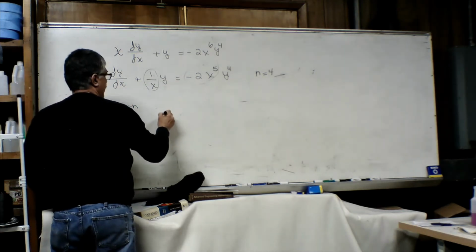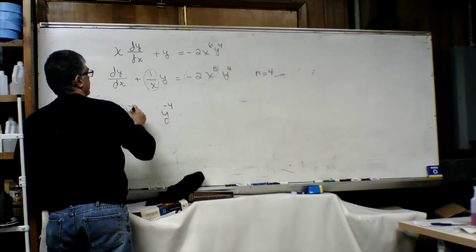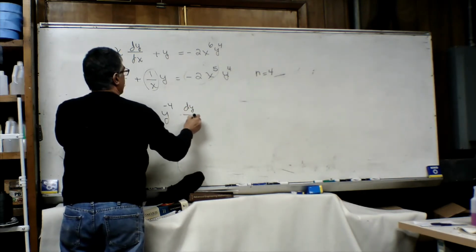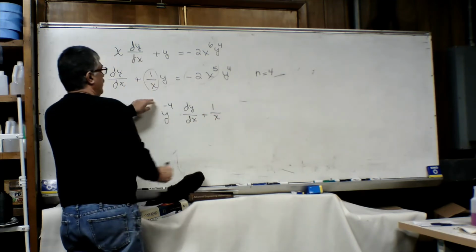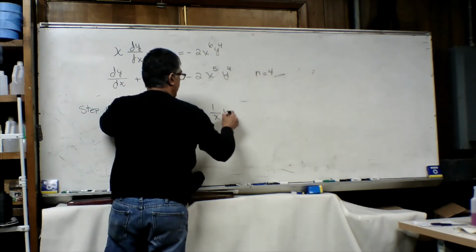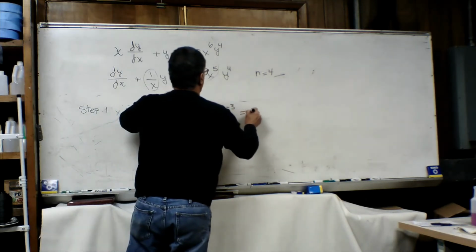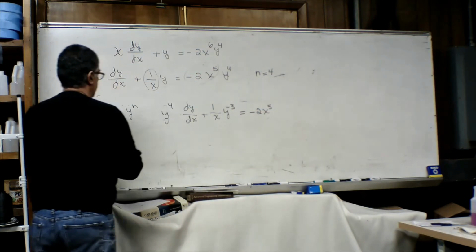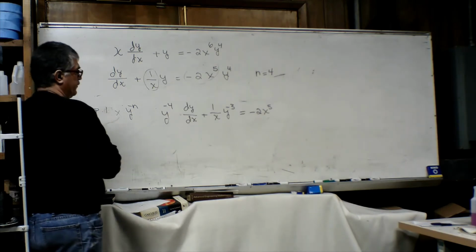So we are going to have y to power minus 4 multiplied by dy over dx plus 1 over x, y to power minus 4 times y to power 1 will be y to power minus 3, equal to minus 2 x to power 5.